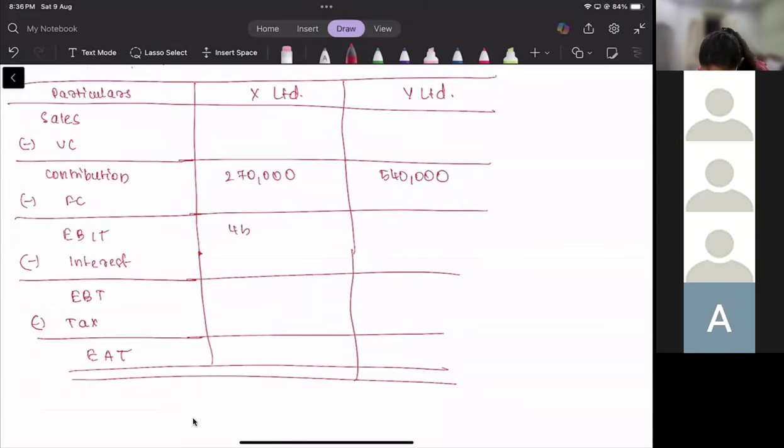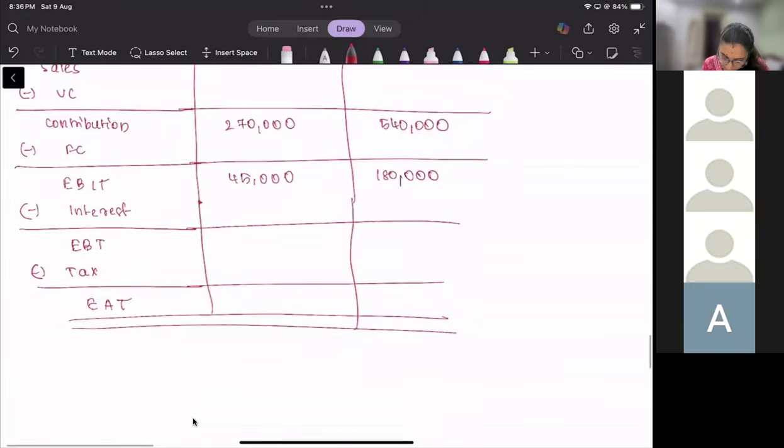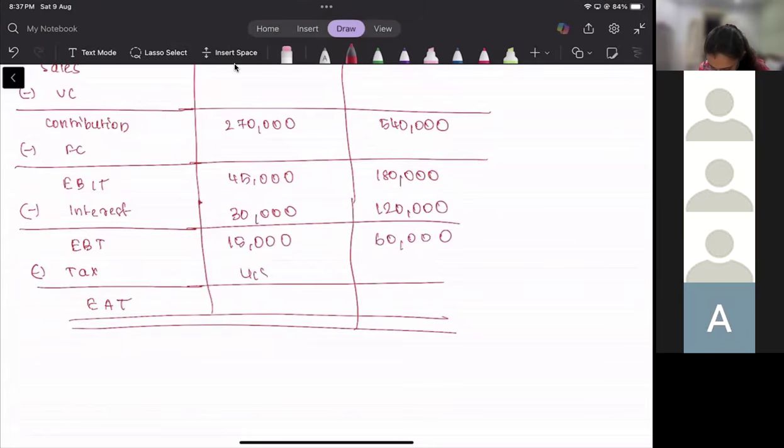We know EBIT. If you have been given numbers for your working note, you can just mention the numbers here. Then interest also we know. So we can compute the EBT. And from that we can definitely compute the tax because it's given to us as 30%.